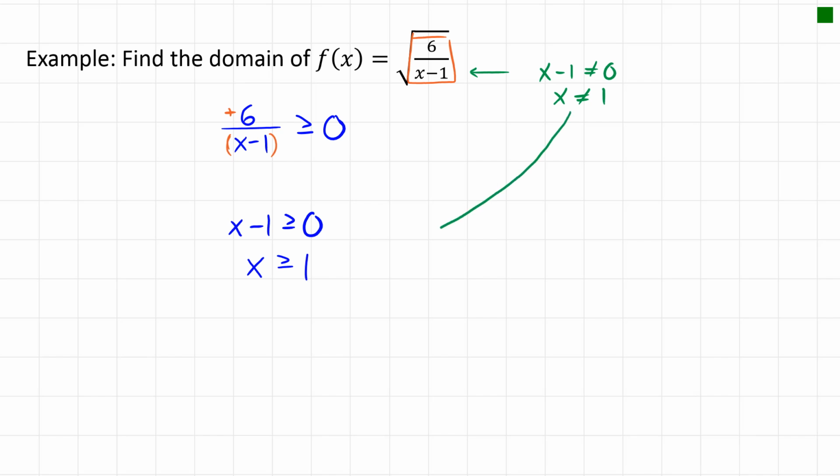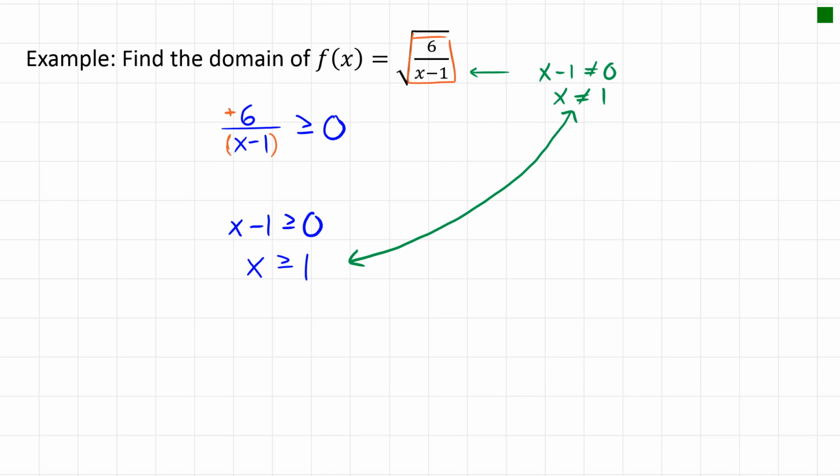And this is where we have to link what we know about the domain. So from the fact that we have a rational expression, x is not allowed to be equal to 1. And from the fact that we have this radical symbol, x has to be greater than or equal to 1 in order for us to have a positive value underneath the radical.